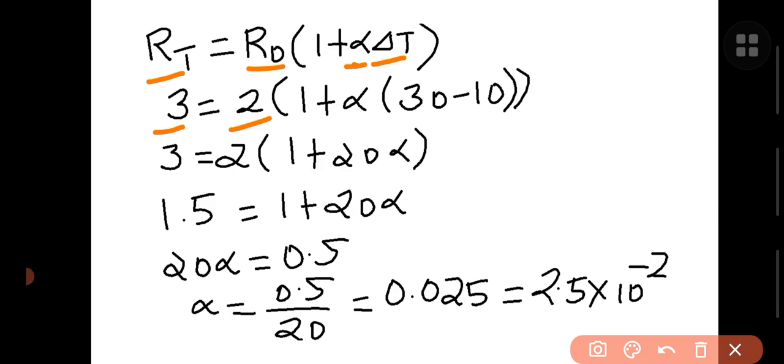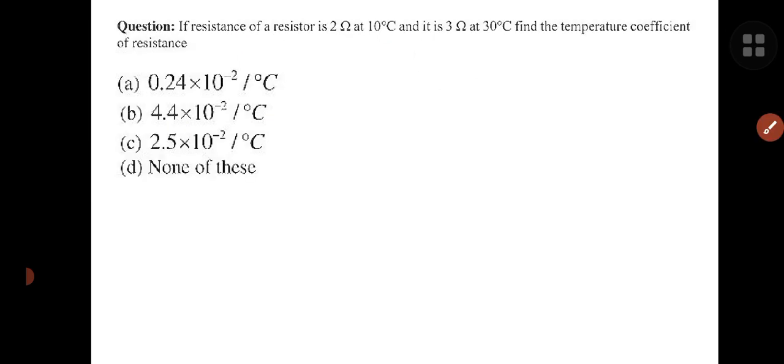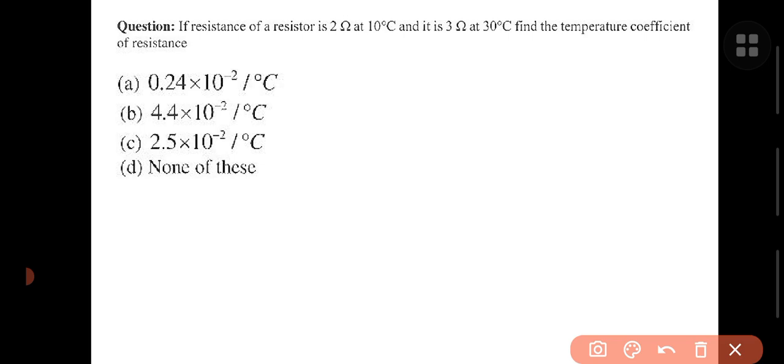Substituting, we get 20 alpha is equal to 0.5. The temperature coefficient alpha is equal to 0.025, which can be written as 2.5 into 10 to the power minus 2. So our answer is 2.5 into 10 to the power minus 2. Option C.